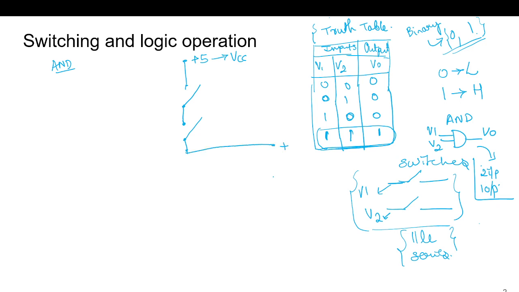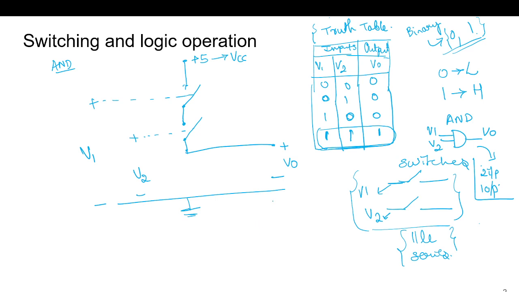So here we can get the Vout value, and this potential can be our ground potential or VSS. On this switch we can apply a V2 potential, our second input, and this will be our first potential V1.